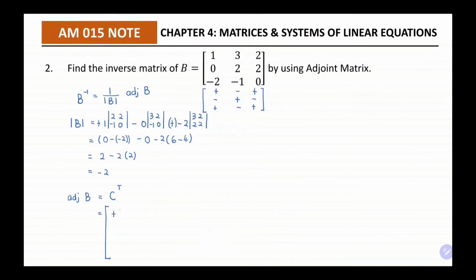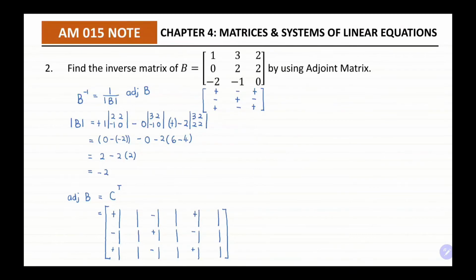Plus, minus, plus, minus, plus, minus, plus, minus, plus. This bracket is for minor. Cofactor is a combination of sign and minor.